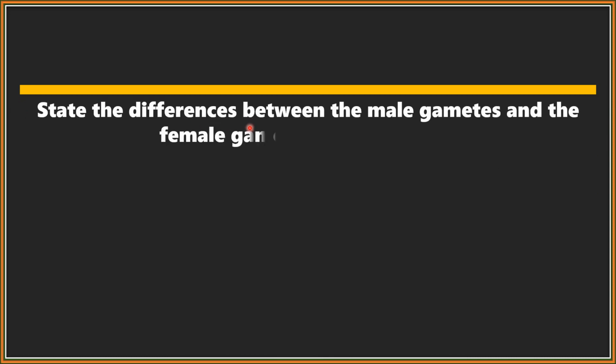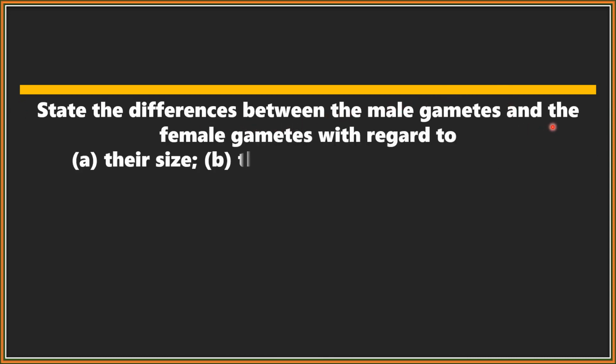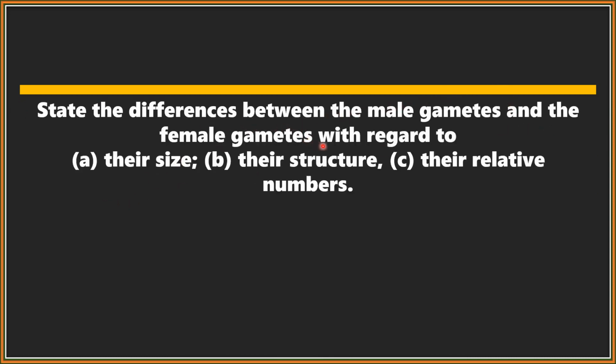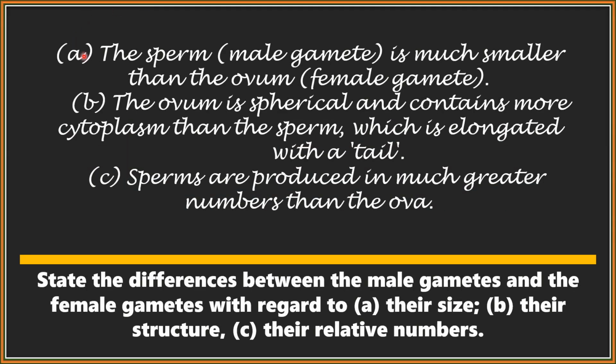State the difference between the male gametes and the female gametes with regards to their size, their structure, their relative number. The sperm, which is the male gamete, is much smaller than the ovum, the female gamete.